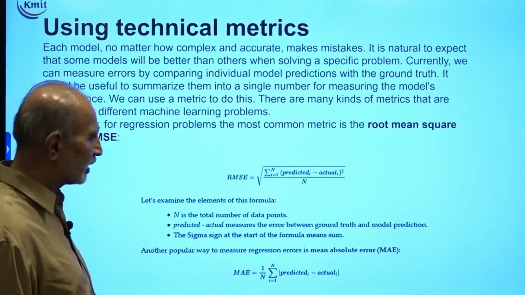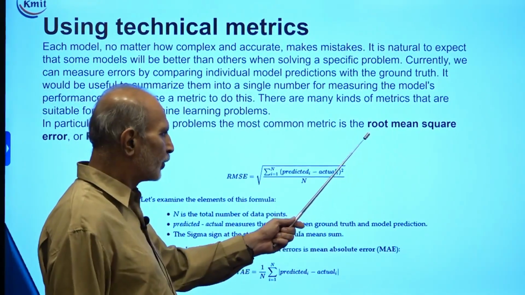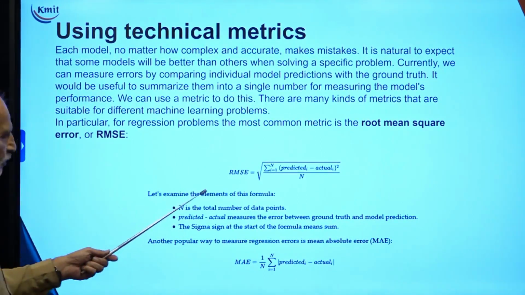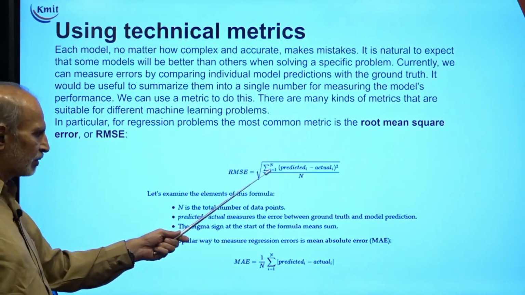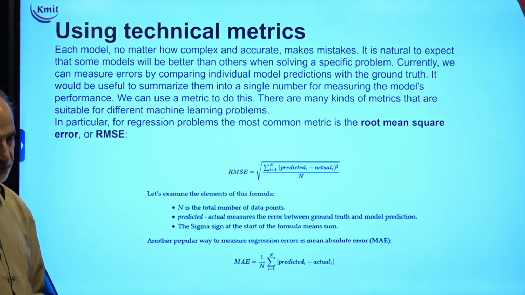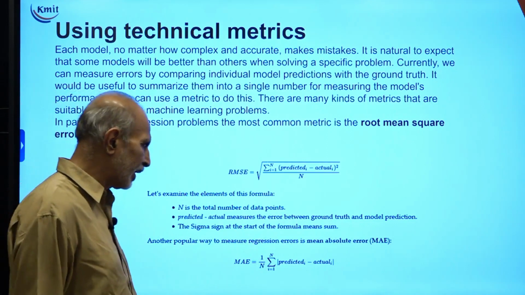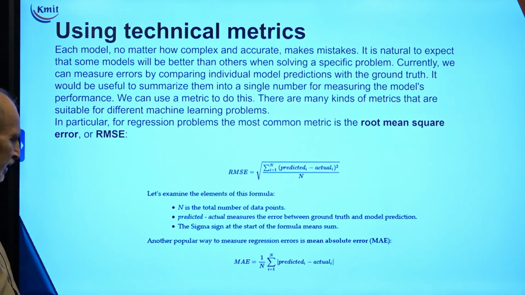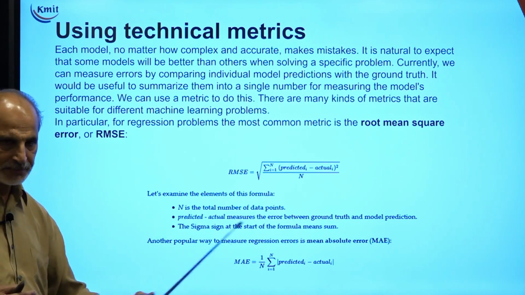One of the metric parameters which we know from our probability theory or our earlier mathematical books and classes is the root mean square error, or RMSE, which is equal to the square root of the summation from 1 to n of (predicted value minus actual value) squared, divided by n. Here, n is the total number of data points in my data set. Predicted minus actual is the error between the two.